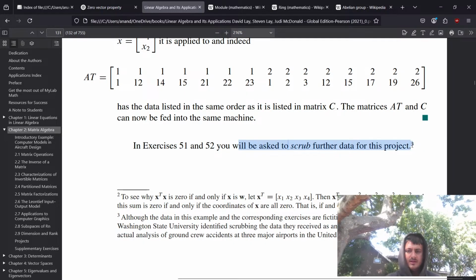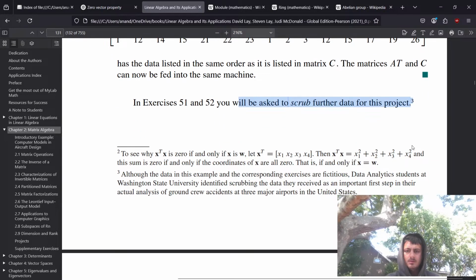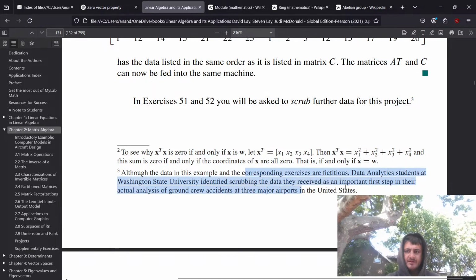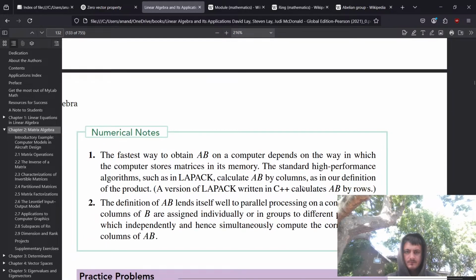Scrub the data. Although the data in this example are fictitious. Okay.